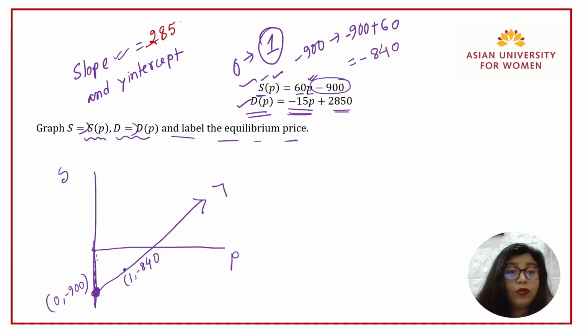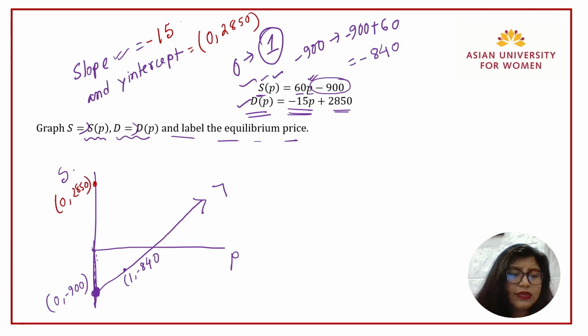The slope here is minus 15, right? And the y-intercept here is 2850. So when the value of x is 0, the value of y is 2850. So the point is 0, 2850.